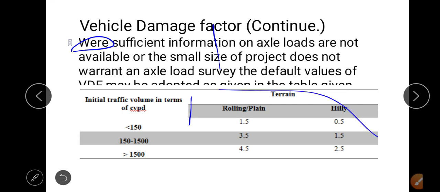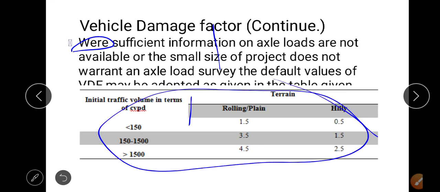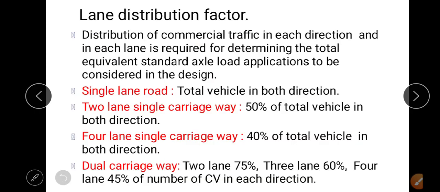That is taken in this table. You yourself can read and understand. Very easy. Why should I unnecessarily read and waste my energy and your time?